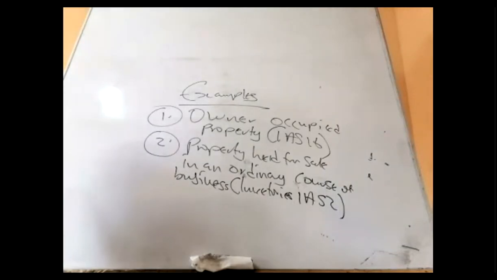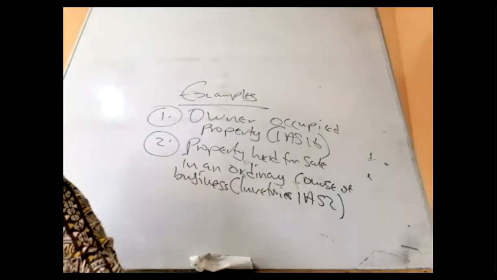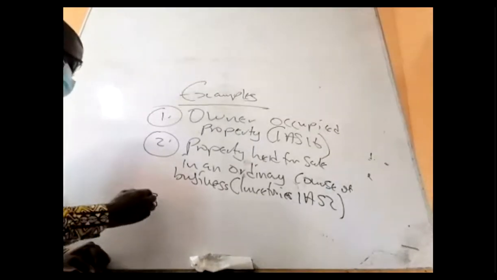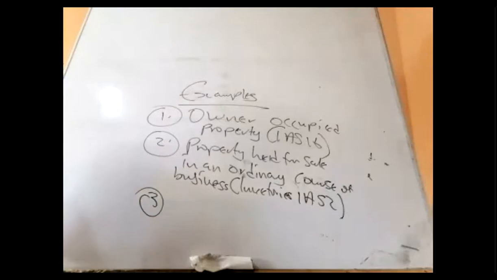And then interest held by a lessee under operating lease. So if you acquire an asset under operating lease and you also rent it out, it cannot be investment property.